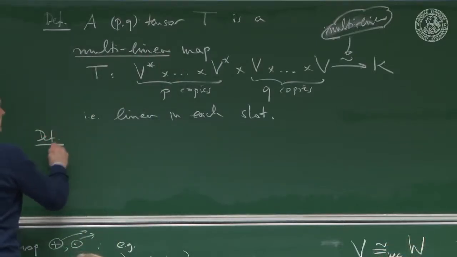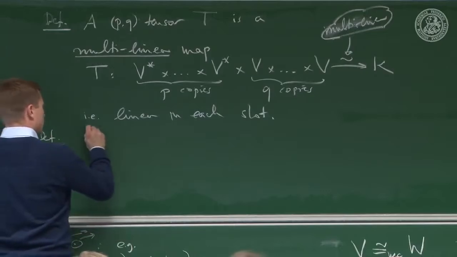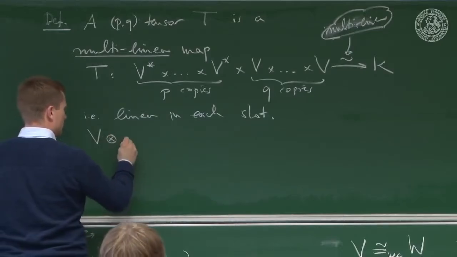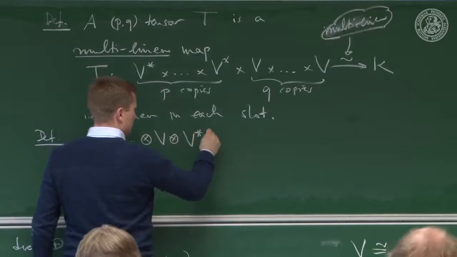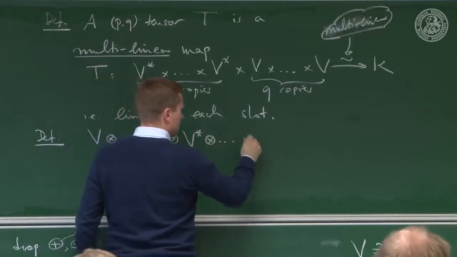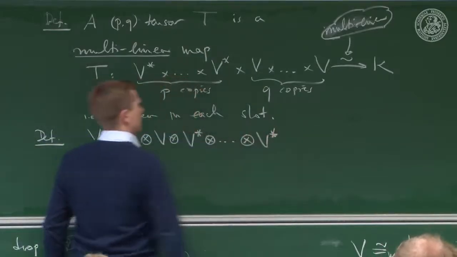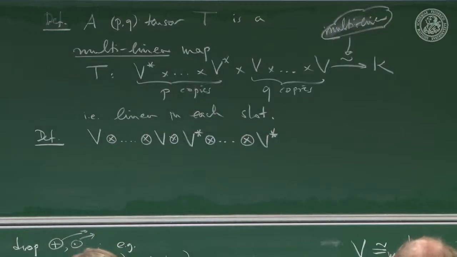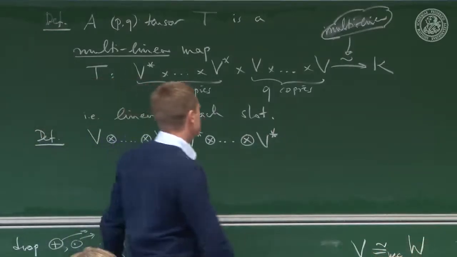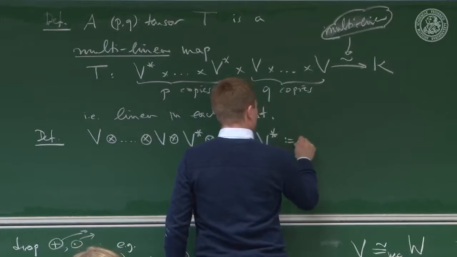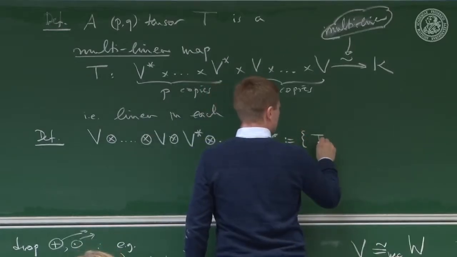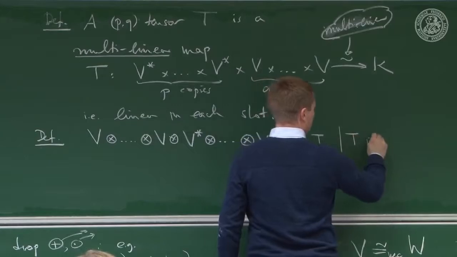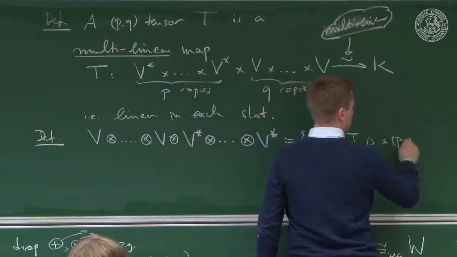And then we define V tensor, tensor V star. Now the order of unstarred and starred V's is different. We define this object. This is just a name. This is defined as the set of all T, where T is a PQ tensor.